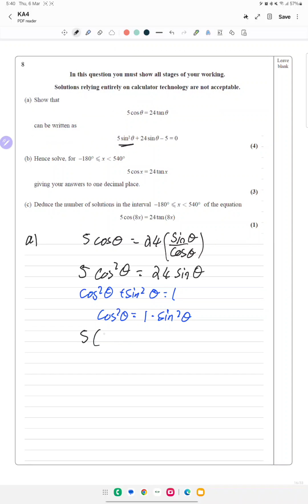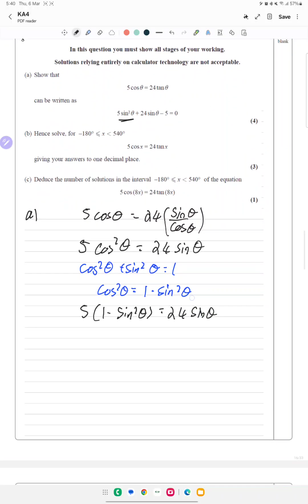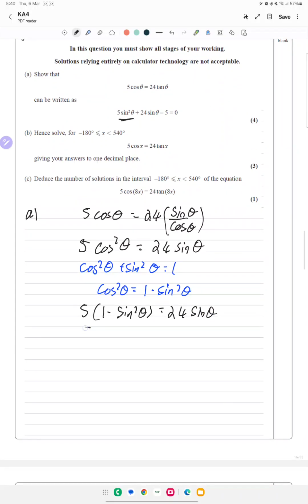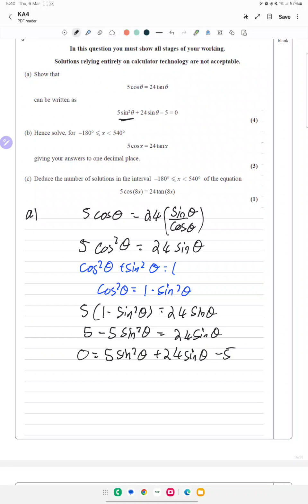So we've got 5 times (1 minus sine squared) equals 24 sine. So we've got 5 minus 5 sine squared theta is 24 sine. Moving it all to one side will give us the required result, minus 5.